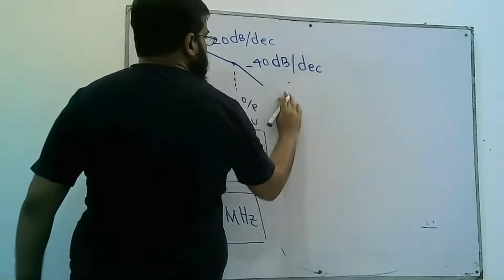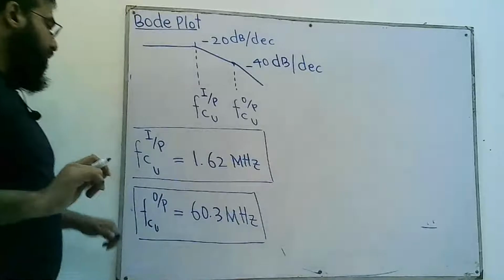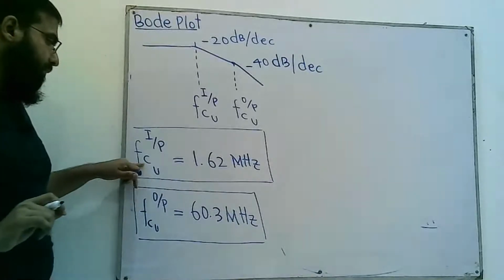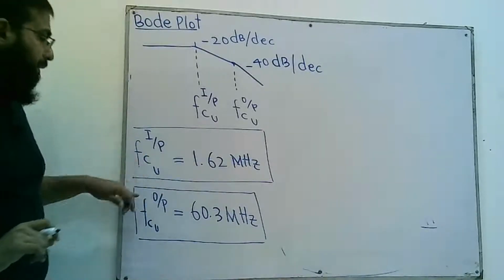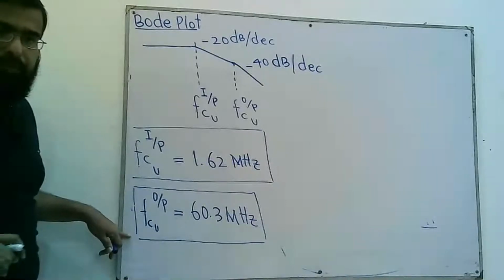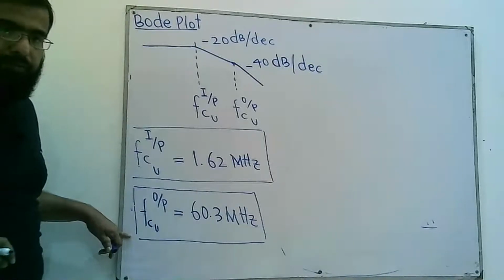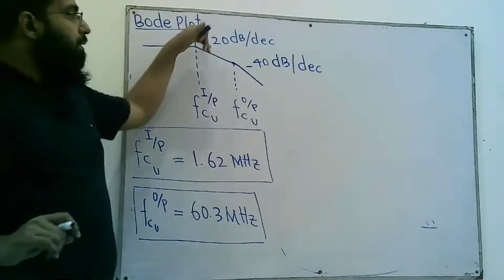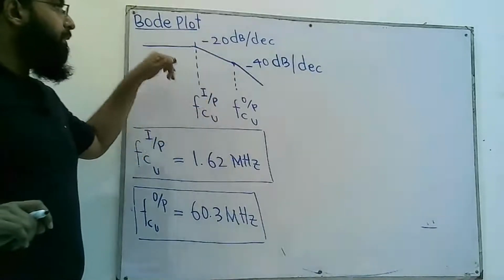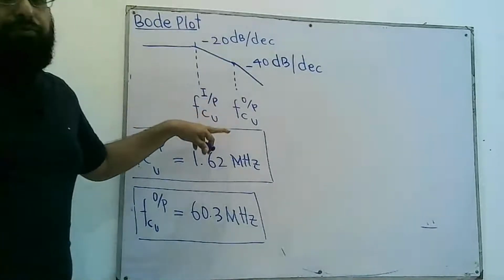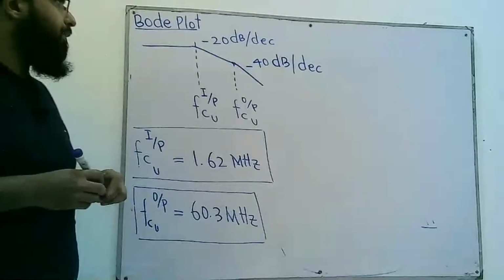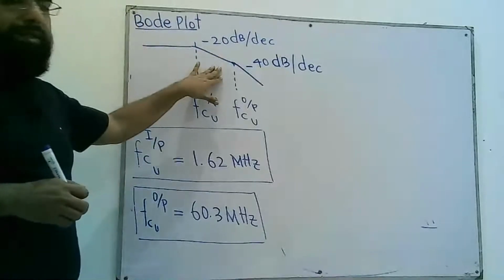This is in contrast to the lower cutoff frequency FCL, where we had three such numbers computed from three different RC networks, and the gain roll off increased with every new cutoff frequency that we encountered. Firstly, it was minus 20.